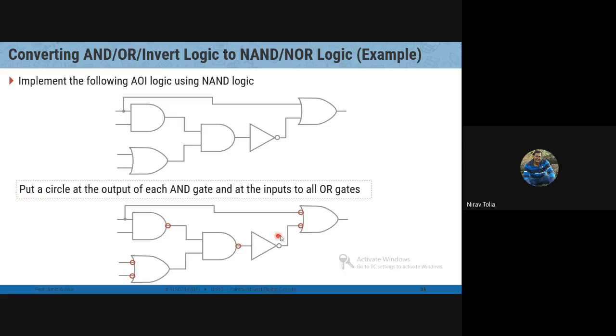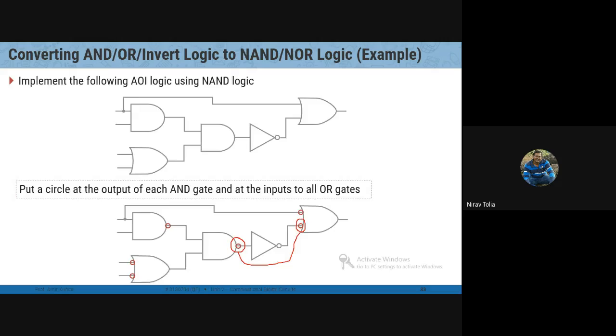But in this line, you can see we have two bubbles, one here and second here. Let me draw it. In this line, from here to here, we have two bubbles, so the two bubbles cancel out each other.